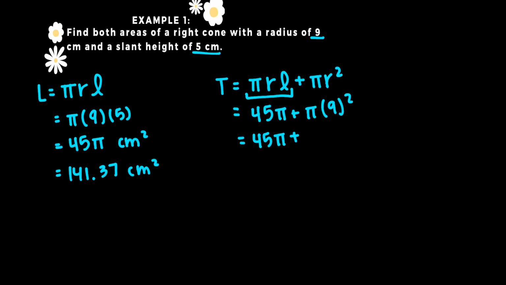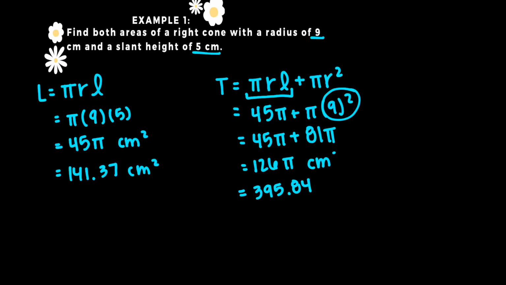Plus I simplified 9 squared into 81, so I have 81 pi. My last step to find this in terms of pi, of course, is to simplify. So I do 45 plus 81. That gives me 126 pi. You can leave your answer like this if you want, or if you want that decimal, go ahead and plug that in, and it should give you 395.84. And remember, this is centimeters squared.